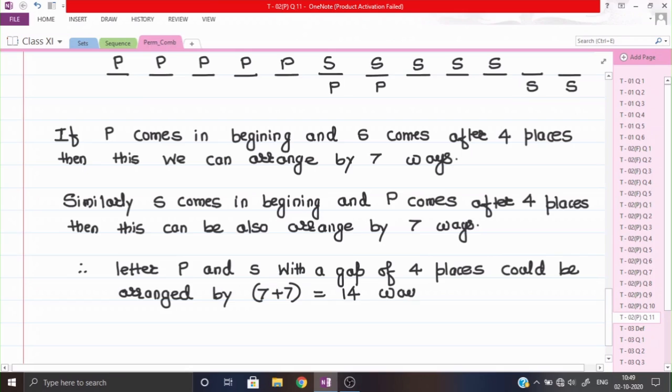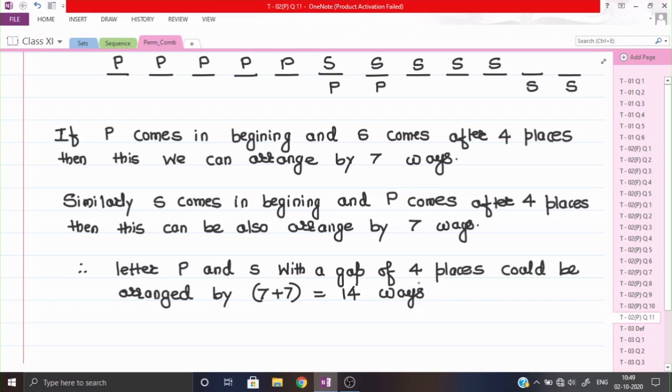First we are counting the first 7 where P is coming in the front and S is coming at the last. Again we are counting, now S is coming in the beginning and P is coming at the last. So the total number of ways will be 14. Remember, these ways I have shown only for P and S.